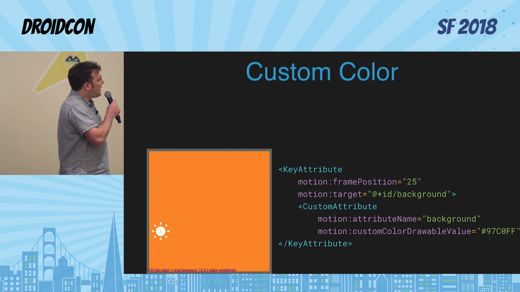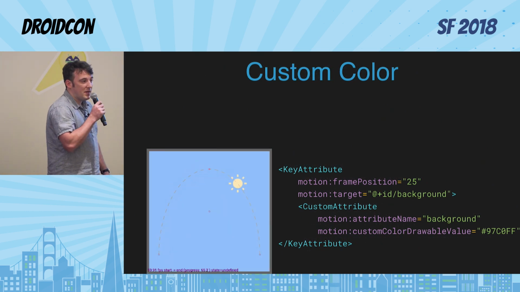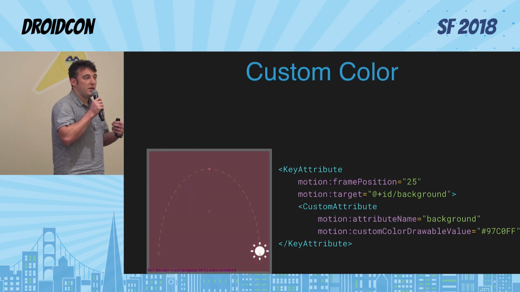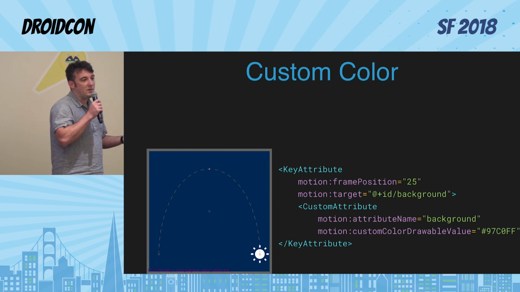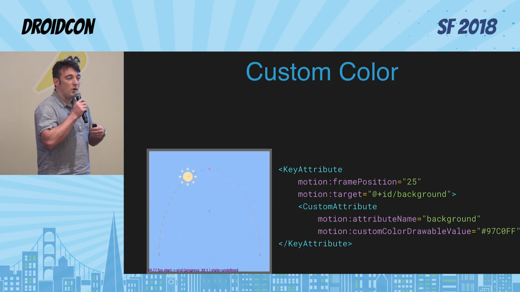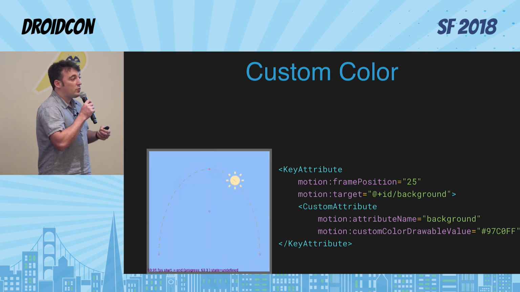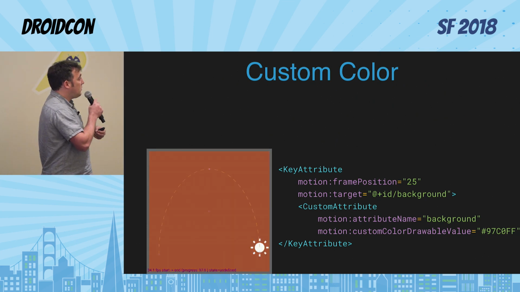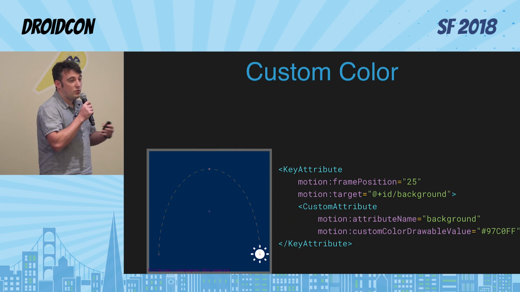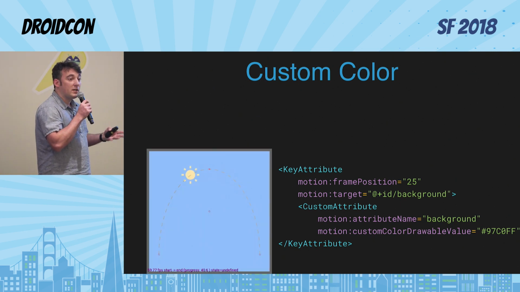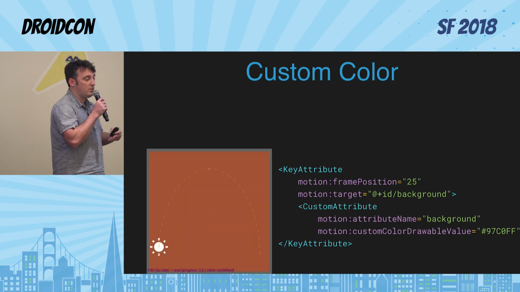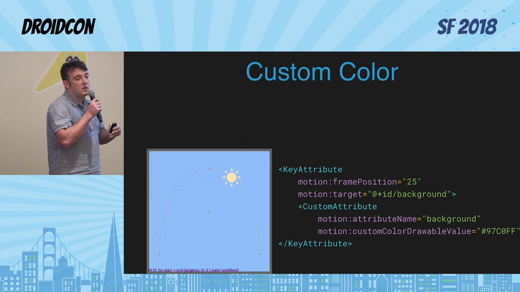So I may also want to change colors. And this is where motion layout is very different than purely doing animation on layout. Of course, we do animate positions and dimensions, but what you can do now is animate any type of attribute, essentially, as long as you have a setter-getter, and we support multiple types.